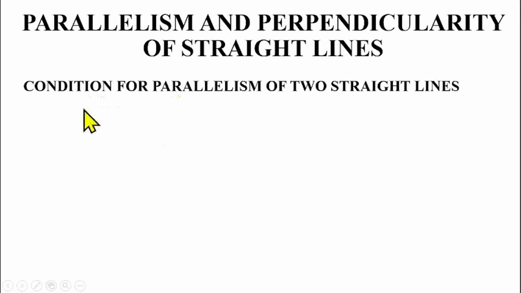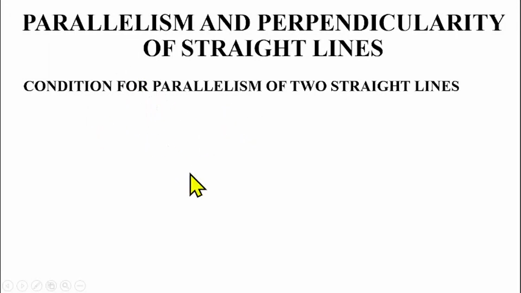Now when it comes to coordinate geometry, when do we say that two lines are parallel and when do we say that two lines are perpendicular? Before we can say so, they must satisfy some condition. There's a condition for parallelism and a condition for perpendicularity. For two lines to be parallel, the gradients of the two lines must be equal.